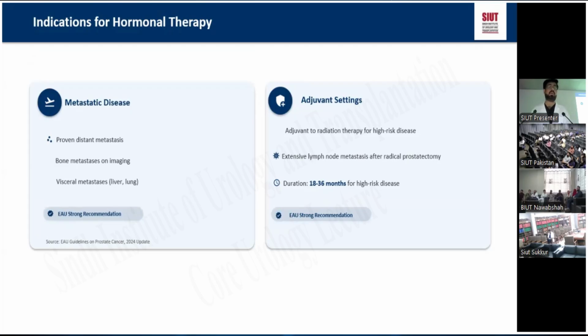Metastatic disease is proven distant metastasis or bone metastasis on imaging, or visceral metastasis, maybe to the liver or lungs, and adjuvant settings. Adjuvant to radiotherapy for high-risk disease, extensive lymph node metastasis after radical prostatectomy. The duration is 18 to 36 months for high-risk disease.